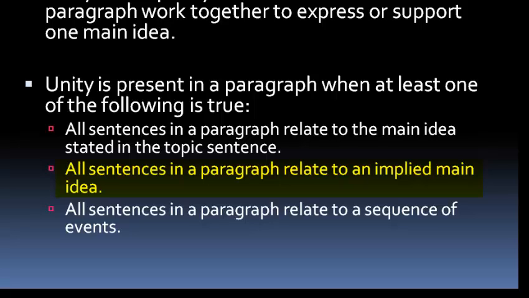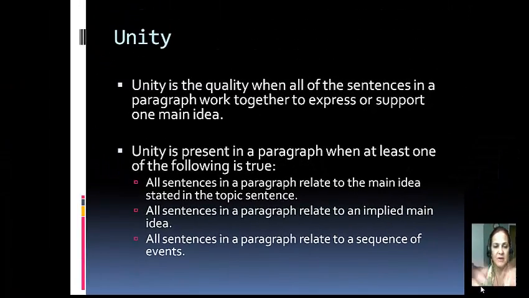The second is that all sentences in the paragraph relate to an implied idea. Or third, that all sentences in the paragraph relate to a sequence of events. So unity means everything within that paragraph relates to and supports the main idea, whether it's stated or implied, or shows a sequence of events.